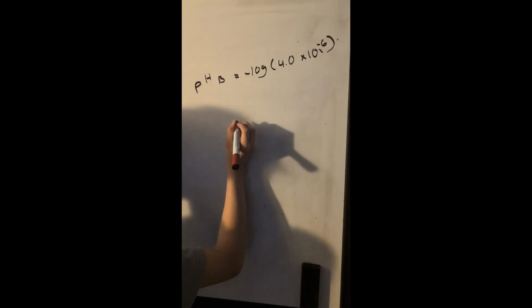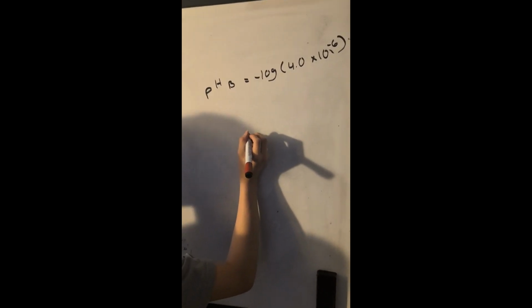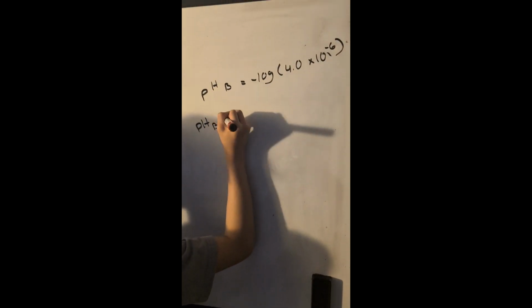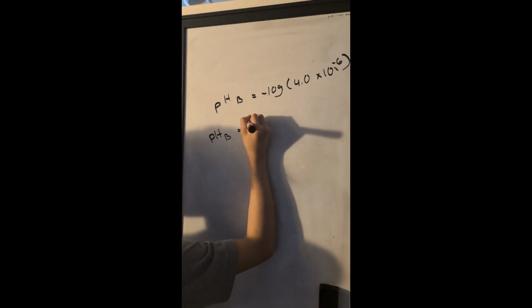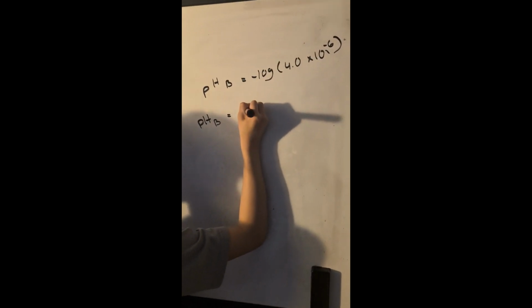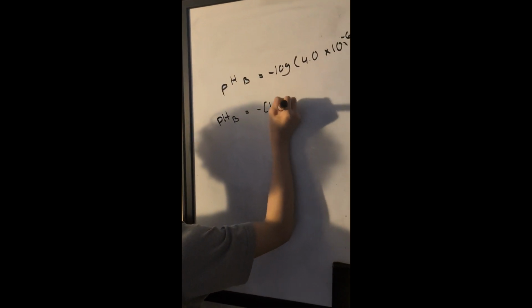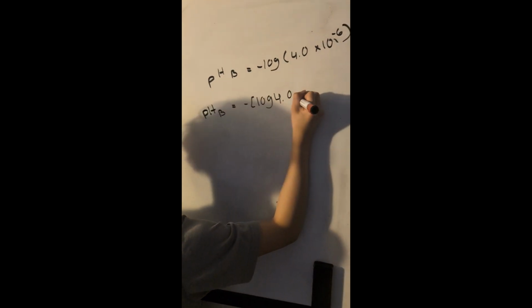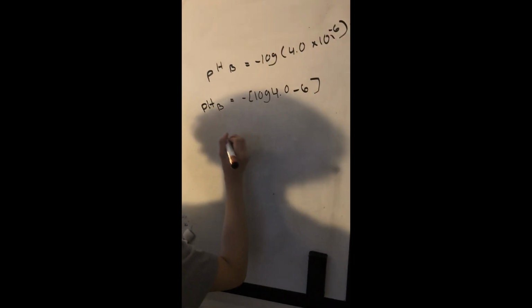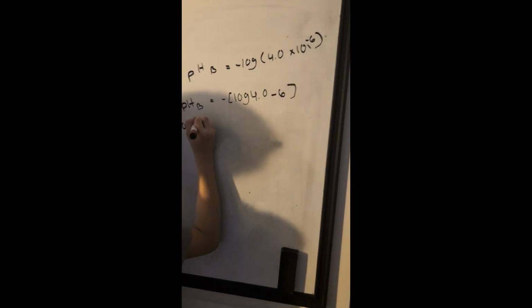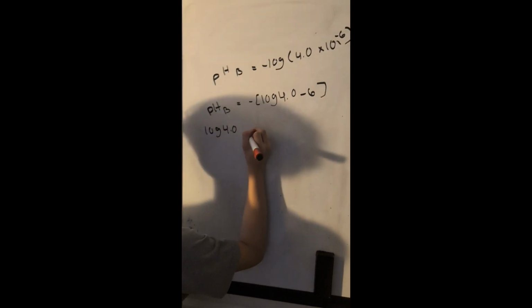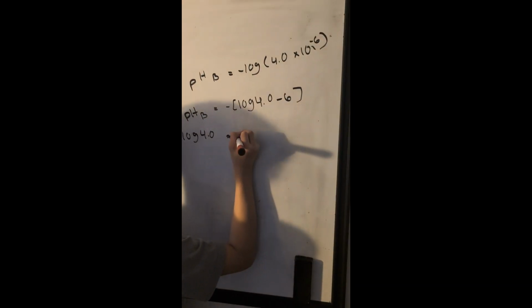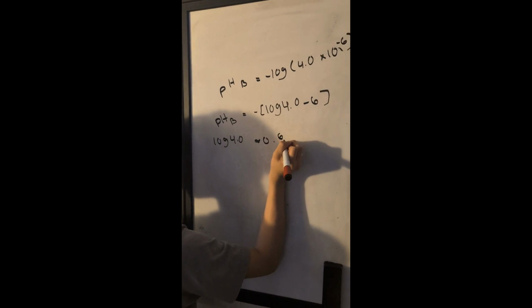Now we use the logarithmic product rule to get pH B is equal to negative of log 4.0 plus negative 6. Now when we put log 4.0 into the calculator, it's roughly equal to 0.6.